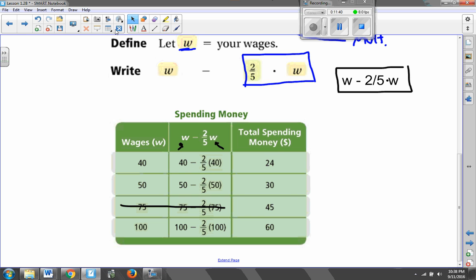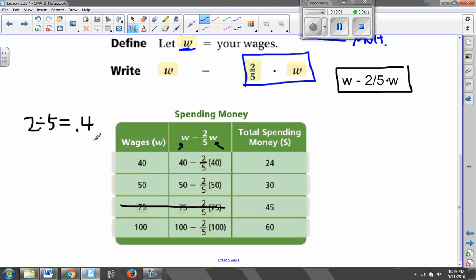Now, if you're unsure how to multiply by a fraction, you can turn the fraction into a decimal first by treating the fraction bar like a divide symbol, right? So if I were to do 2 divided by 5, it ends up equaling 0.4.